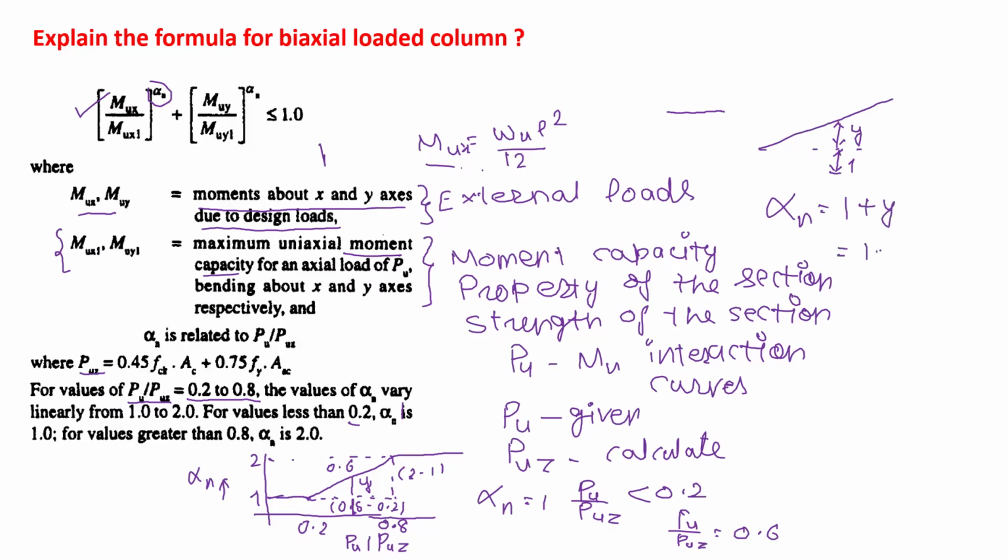And how will we calculate y? That is by similar triangles, which is equal to 2 minus 1 upon 0.8 minus 0.2, and then we have this value. Here you can see this is 2 minus 1, and then we have this y. And what is this value? This value is 0.6 minus 0.2, because it starts from 0.2, meaning whatever value you have of PU upon PUZ minus 0.2.